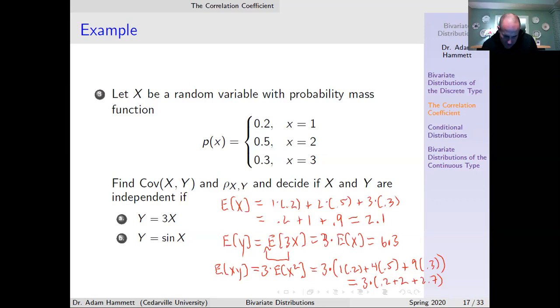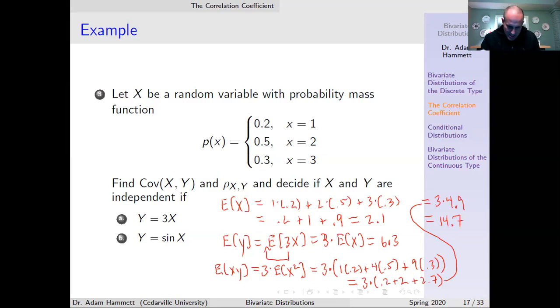So that's basically 2.9, and 2.9 plus 2 more is 3 times 4.9. Isn't that right? So 3 times 4.9. What is that? Well, that's like 14.7. Okay, so that's interesting.